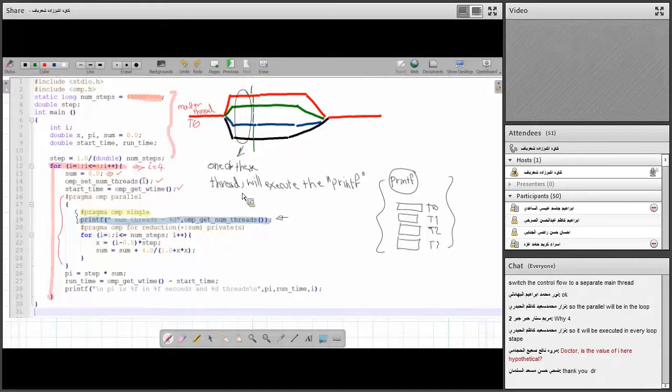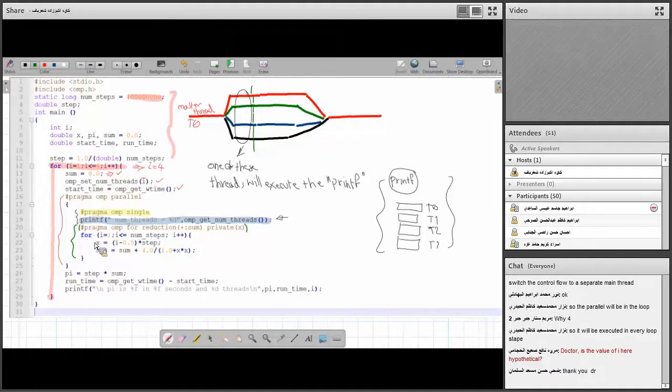After executing the printf, this new construct will be executed: pragma OMP for reduction plus sum private x. What does this directive do?